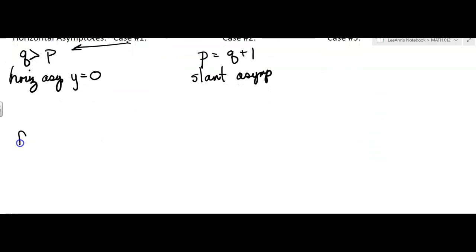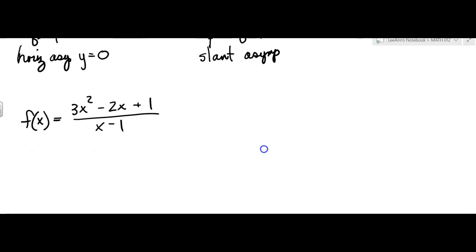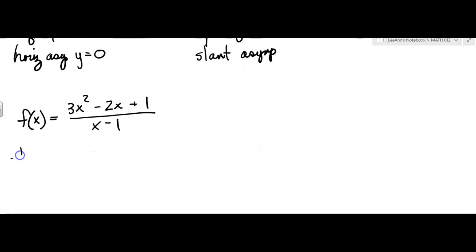They have a function f of x equals 3x squared minus 2x plus 1 over x minus 1. And what you have to do is use long division or synthetic division. In this case you could use synthetic division because the denominator is linear, but sometimes they're not. Like in the little example I had above, you would have to do long division. But here we can use synthetic division. So we'll go ahead and do that.